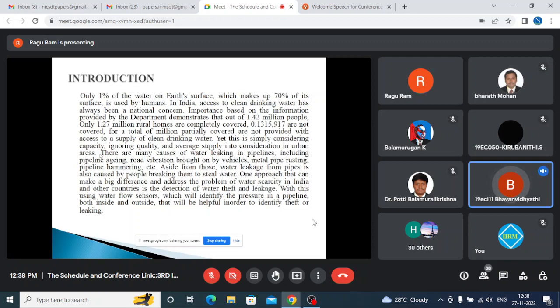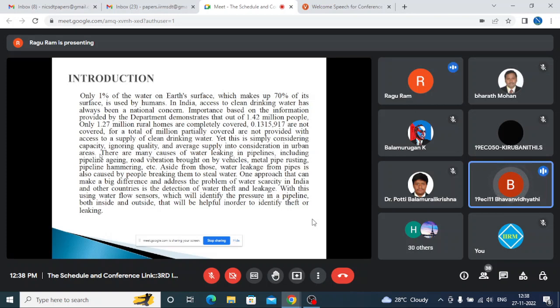Only 1.27 million rural homes are completely covered, while 15,917 are not covered by the water supply of clean drinking water. In urban cities there are many causes of water leakage in pipelines.